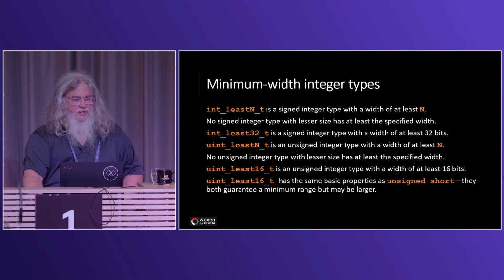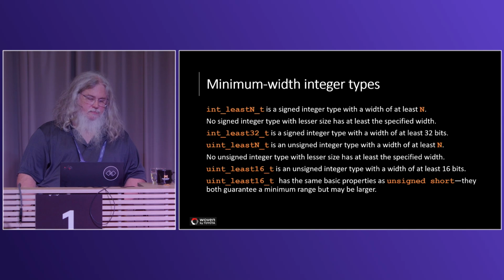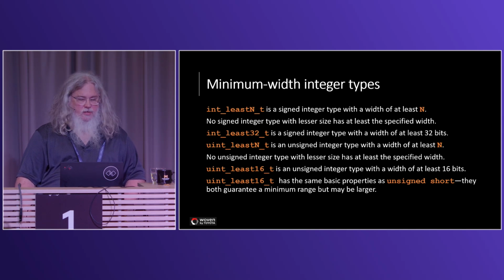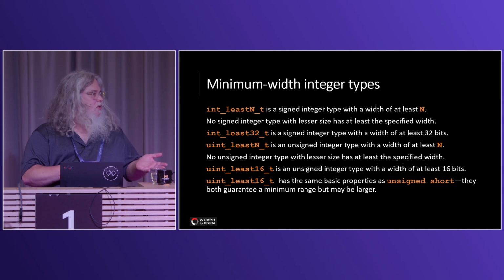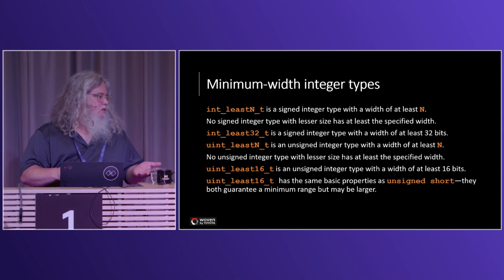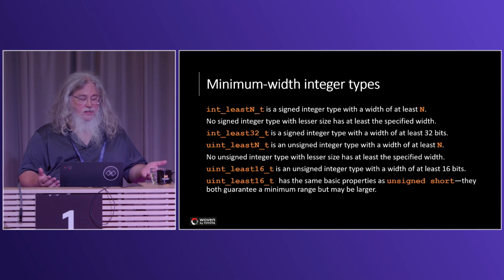So if you have a type like uint_least16_t, it's really indistinguishable from unsigned short. They're both guaranteeing a minimum width of 16 bits, but we're not saying it's 16 bits, so it's 16 bits or larger. So unsigned short and uint_least16_t are the same types.